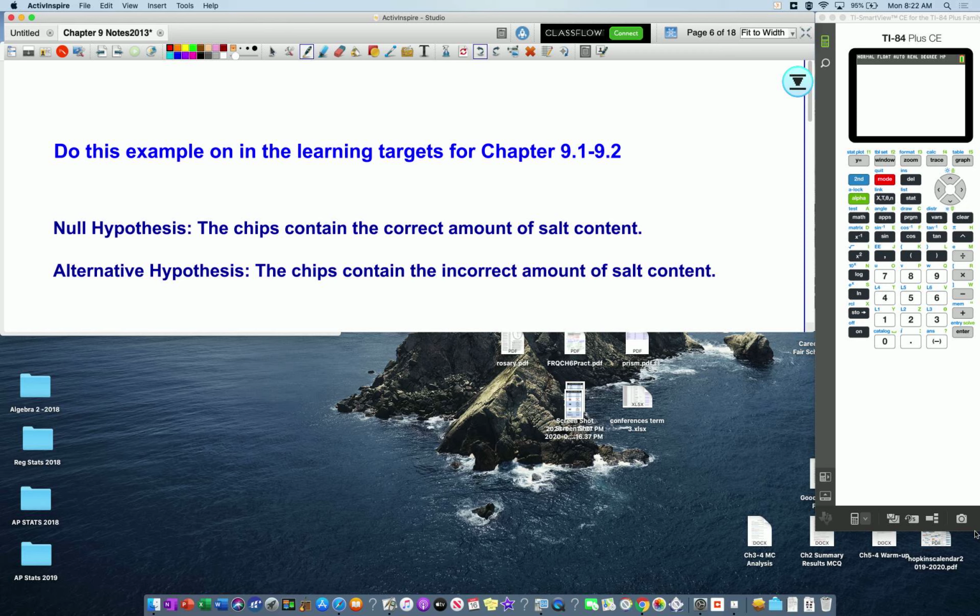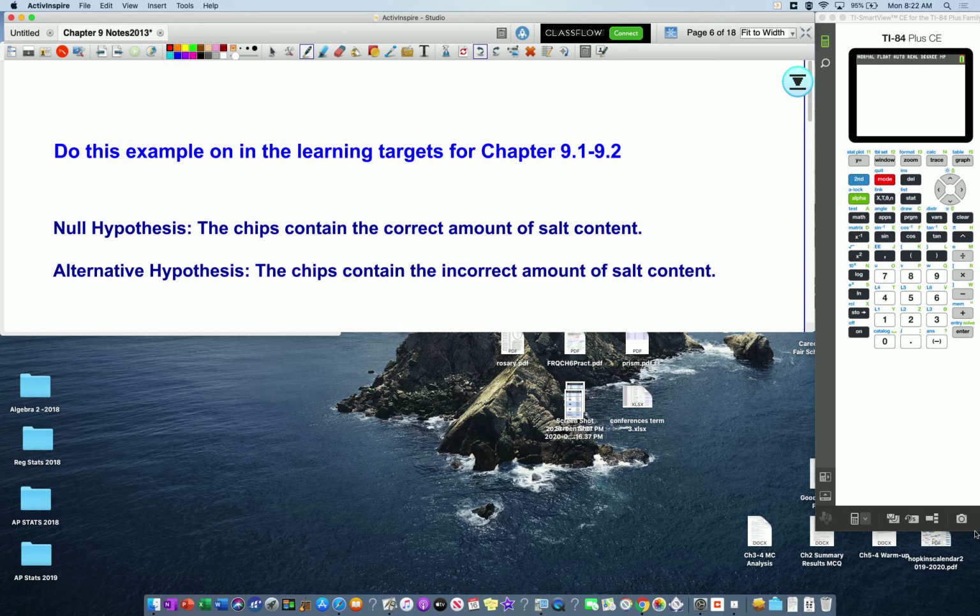So in this example, and this is what a typical business would look at, say I'm Frito-Lay and I'm making potato chips. One of the things that I'm going to test is making sure that potato chips have the right salt content. So the null hypothesis is the chips contain the correct amount of salt. The alternative will say, well, no, it has the incorrect amount of salt.